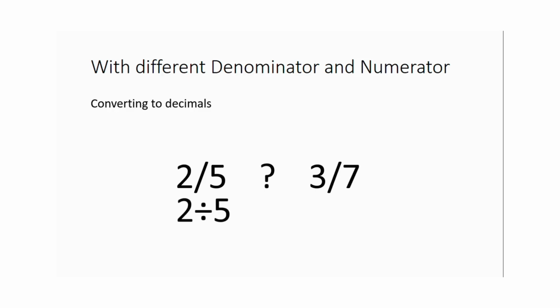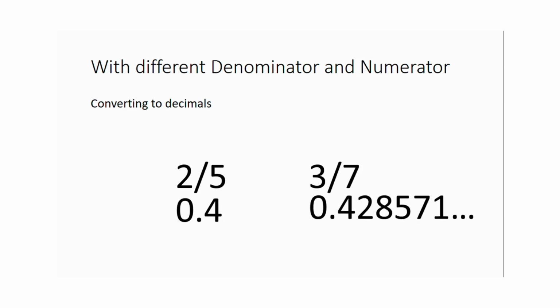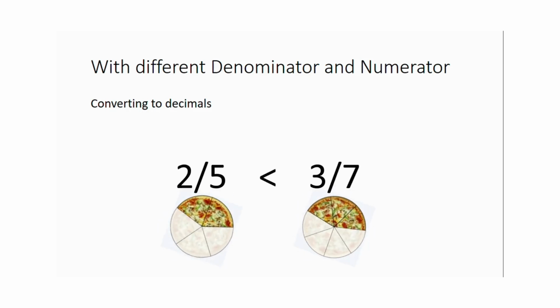We'll do 2 divided by 5 and 3 divided by 7. 2 divided by 5 is 0.4. 3 divided by 7 is 0.428571 repeating, and looks like 3/7 is bigger. And if you want to see pizzas, it looks like it is a little bit bigger.